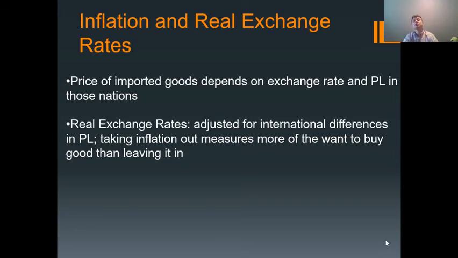Certainly some countries have better ways of making various goods. You're not going to find many Europeans who say America has really good chocolate. You're going to find that they really like European chocolate much, much better. So that would be a good example. Even though we might export a crazy amount of chocolate, if you adjust for the real exchange rates, you'll find that it's not going to be the case.